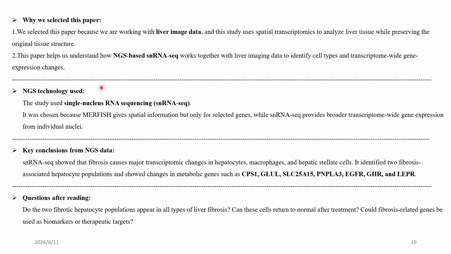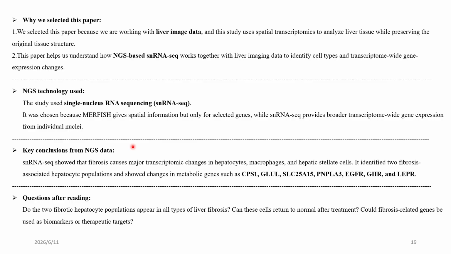The main NGS technology used in this study is single nucleus RNA sequencing. It was chosen because MERFISH gives spatial information but only for selected genes, while single nucleus RNA sequencing provides broader transcriptome-wide gene expression from individual nuclei.